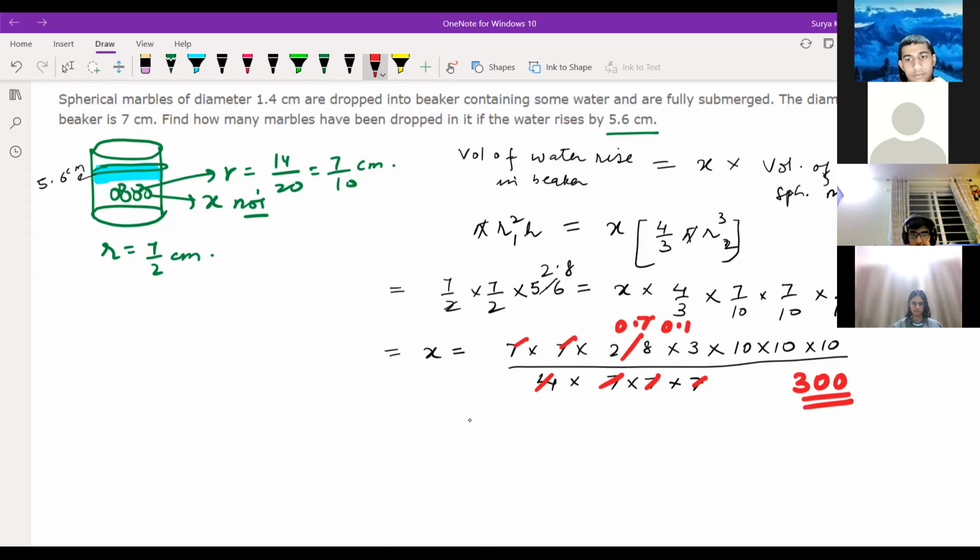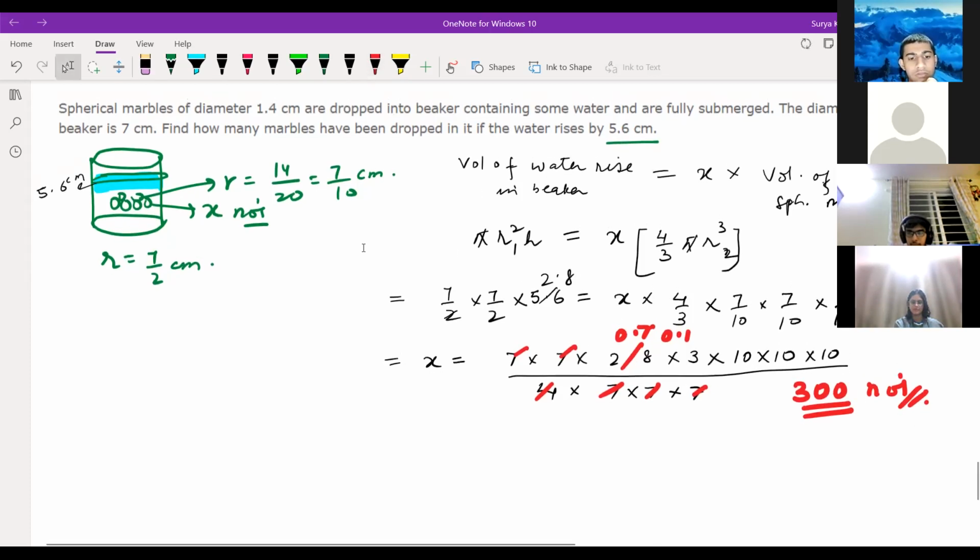So 300 numbers. Drishi, where did you make the mistake? Sir, I took the diameter as radius. Achha, okay. So how did you get 300 as the final answer? X is 300 only now. Just a minute. I got 150.